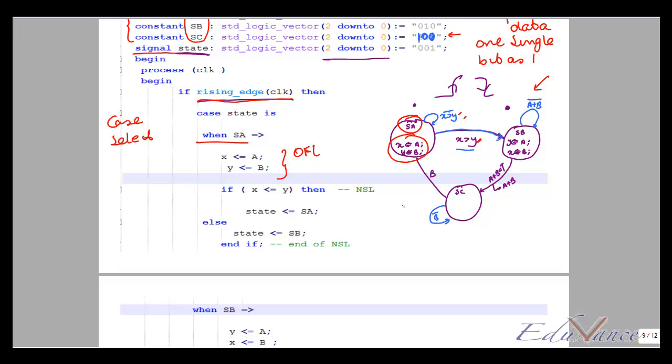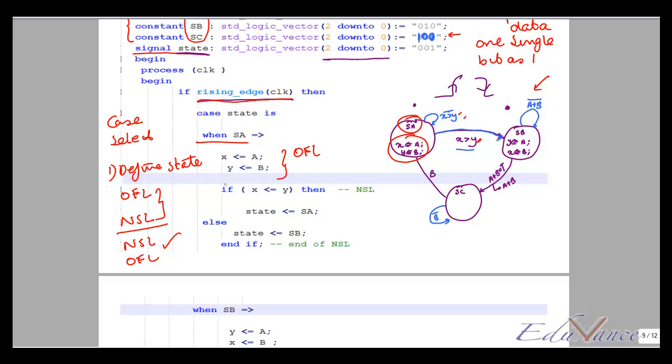Then I write my NSL. Please understand, I define the state, then I write OFL, then I write NSL. You can choose to write NSL first, then OFL. That is okay, no problem. Here we just took OFL first.